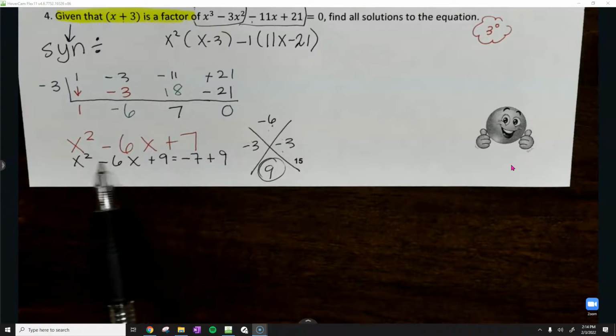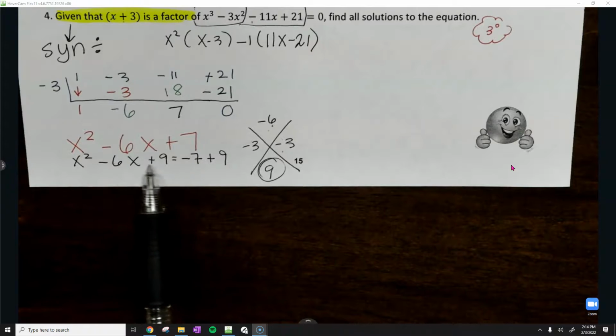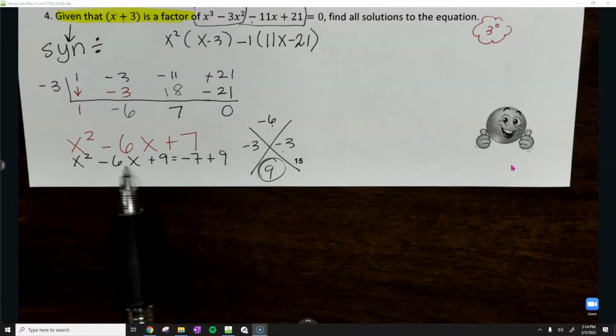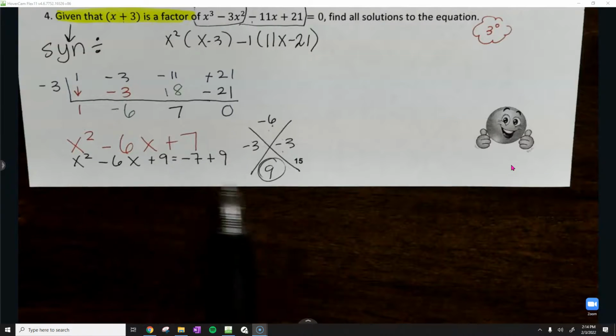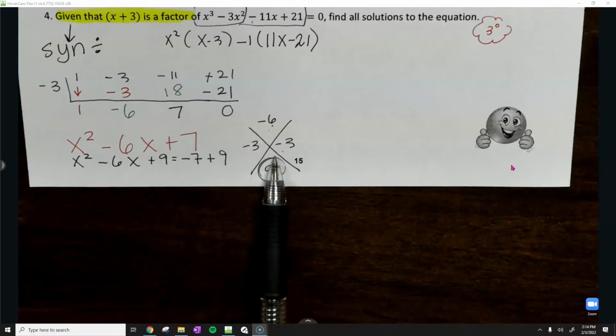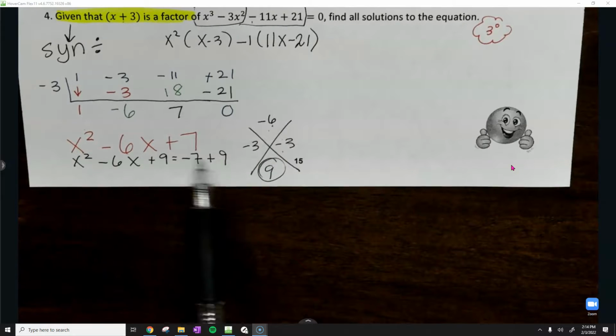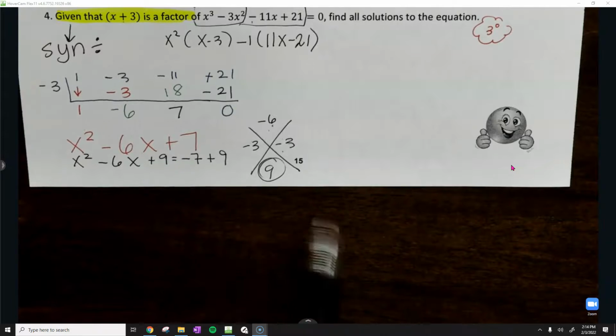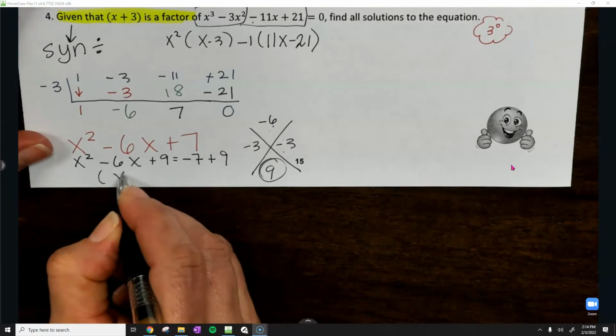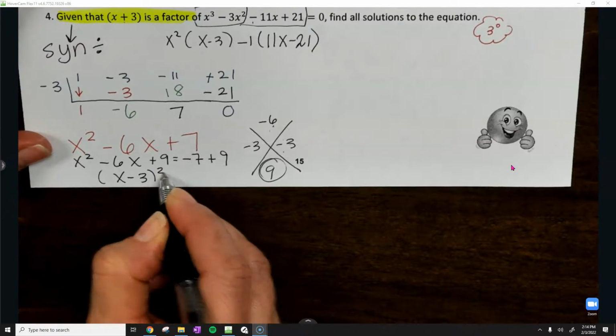Nothing. No, there's not. But is it factorable? Yes. What are the factors? They're right here. They're staring at you in the face. That's why we wrote that. You have this factors to x minus 3, x minus 3. So write x minus 3 with an exponent.